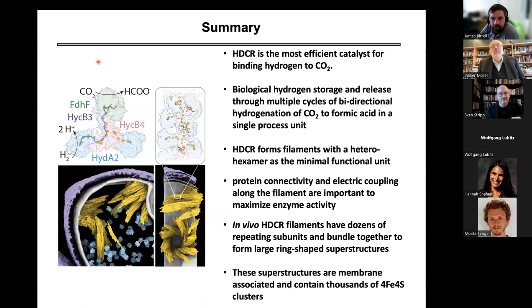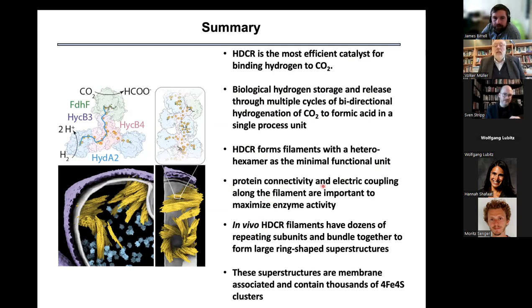So with that, I'm already at the end. I hope that I've convinced you that the H2ase enzyme is the most efficient catalyst for binding hydrogen and CO2, and this is where I see a future of hydrogenases in biological hydrogen storage and release. The H2ase forms filaments with heterohexamers as the minimal functional unit.